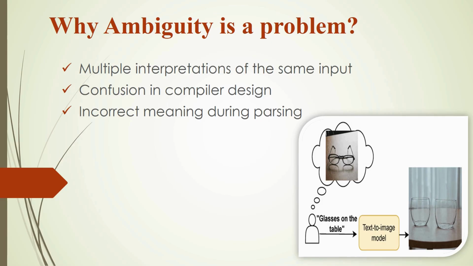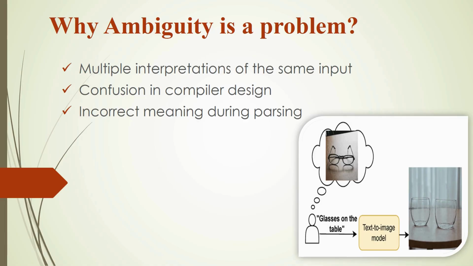If your compiler wrongly interprets any equation or string, for example the above string a plus a multiplied by b, the output may become incorrect. In some cases it will generate one output, in other cases another output, and that may create ambiguity. That's why it is more complicated for your parser to deal with such a string or such a grammar.